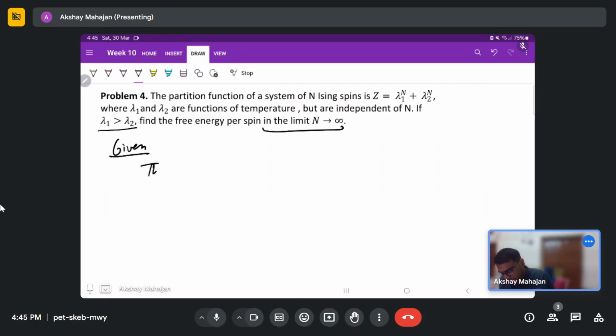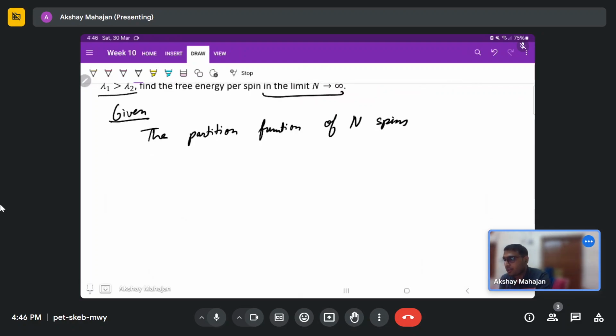So given is the partition function of n spins, right? So this will be equal to lambda 1 to the power n plus lambda 2 to the power n.